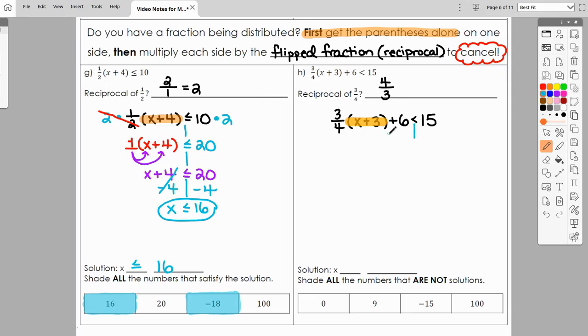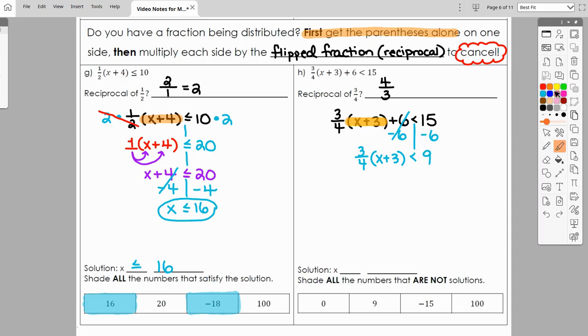I want to move that first. That's my first step here. So the opposite of adding 6 is subtracting 6 from one side to the other. Cancels out on the left side, leaving me with 3 over 4 multiplied to that parentheses of x plus 3. On the right side, 15 minus 6 is 9.